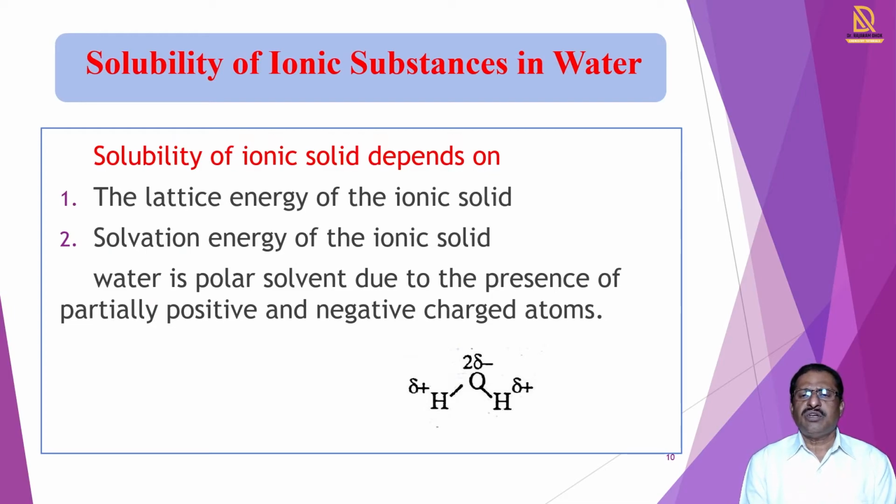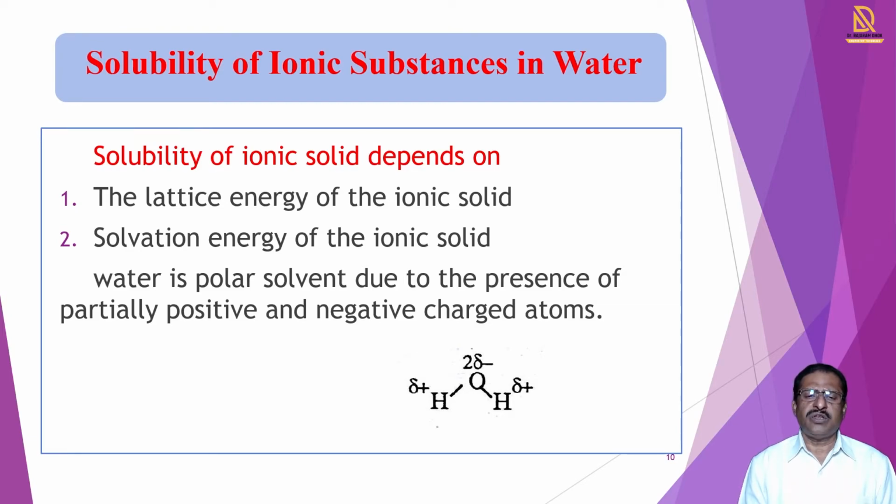Now we see the other point, that is the solubility of ionic substances in water. Ionic substances are soluble in water, and the solubility of an ionic solid depends on the lattice energy and the solvation energy of the ionic solid.